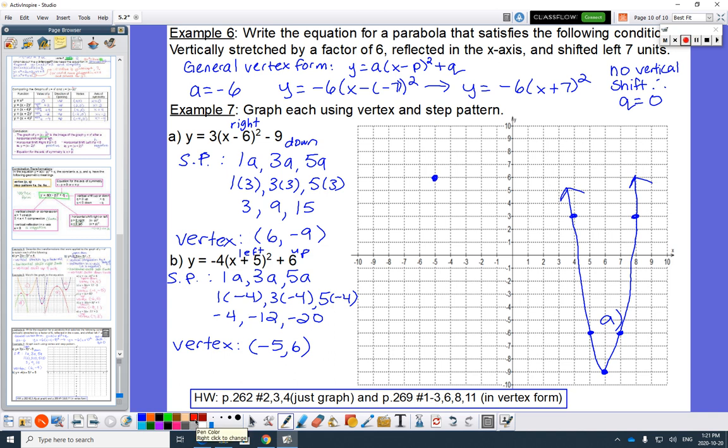When the step pattern is negative, should I be going up or down? Down. So over 1, down 4. Over 1, down 1, 2, 3, 6, 7, 8, 9, 10. Ooh, perfect.